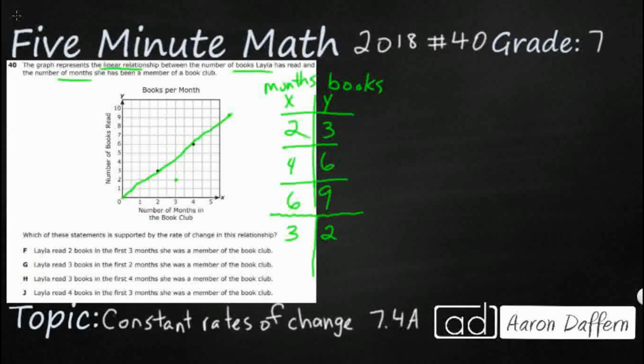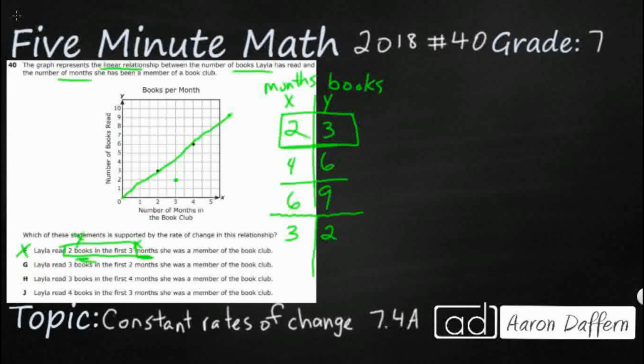And you see that's going to sit right over here. So that is not it. It just doesn't fall on our graph. 2 books in 3 months looks very similar to this, except remember they give it to you in the wrong order. The months, that's the X-axis, and the books, that's the Y-axis.